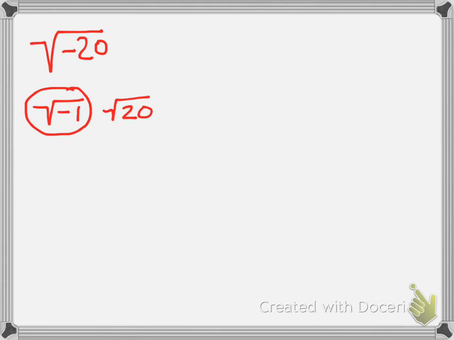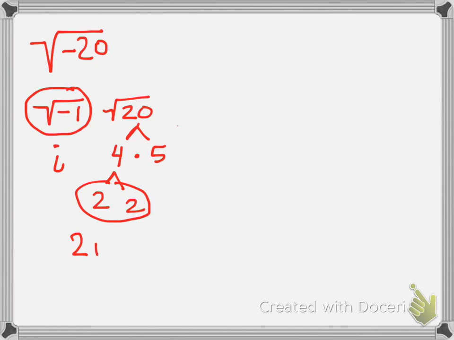This is defined as i. And then I deal with square root of 20. So I break it down like a factor tree: 4 times 5, and then 2 times 2. If you remember simplifying square roots, when you have a pair of 2s, they come out and become 1 2. So your answer here is 2i square root 5.